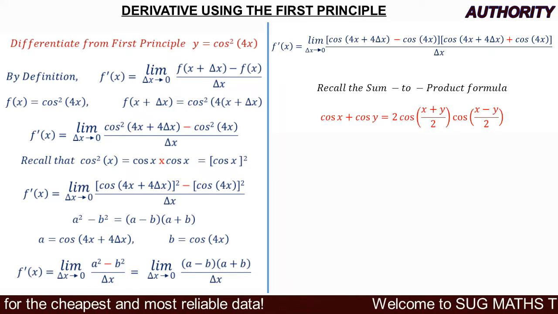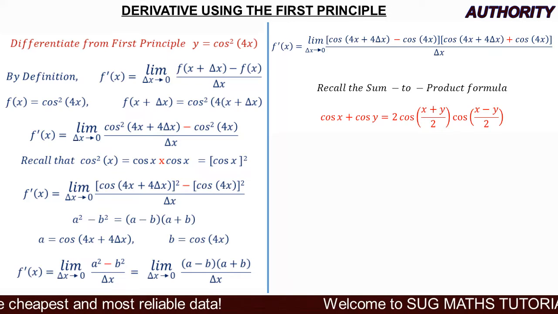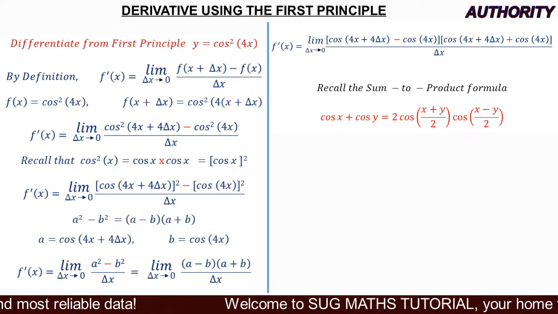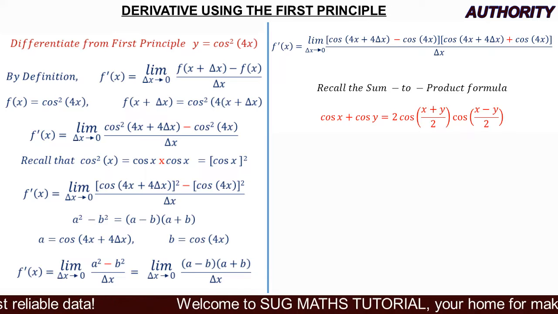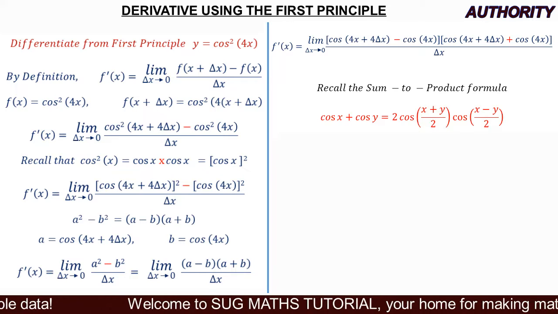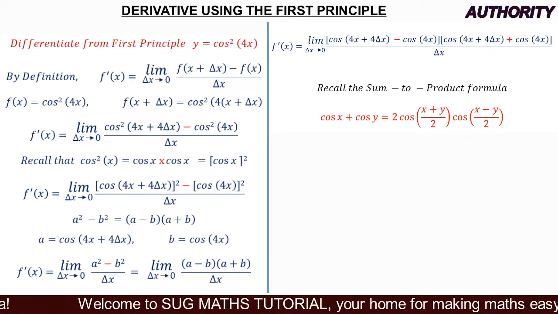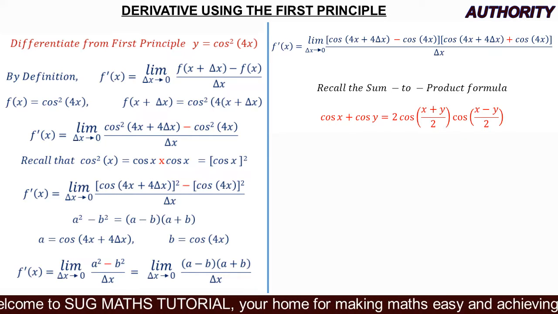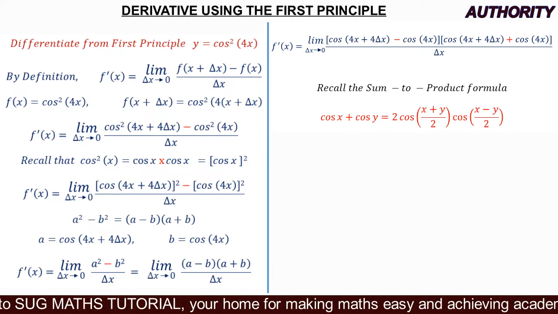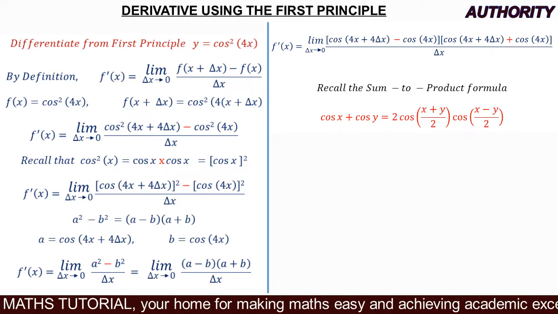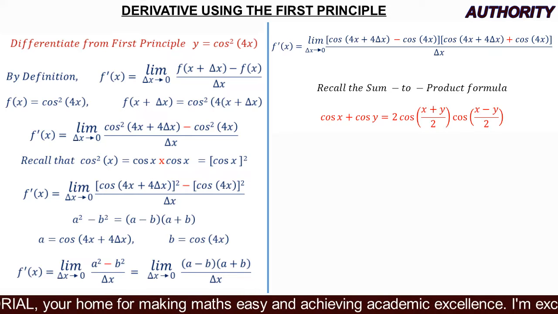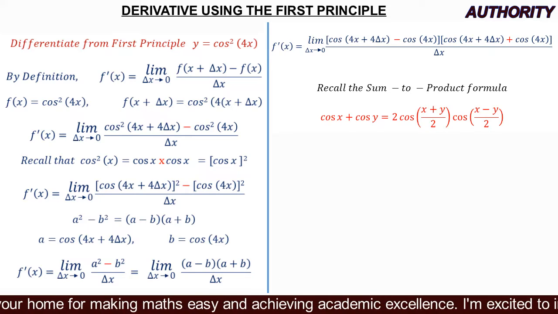This is sum. So this sum, we can convert it to product. Converting it to product, it is the same as 2 cos of x plus y all over 2 multiplied by cos of x minus y all over 2. Are we together? So this is called the sum to product formula.